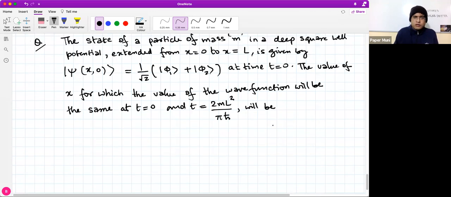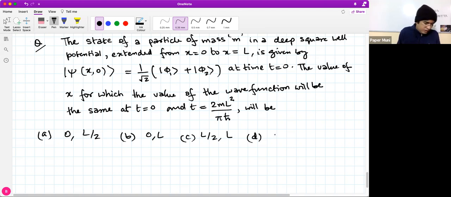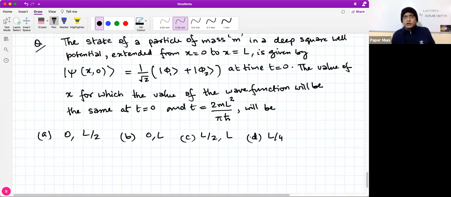Let's see what options are given to you. Option A is 0 comma L by 2. B is 0 comma L. C is L by 2 comma L and D is L by 4. I hope the question is clear to you.